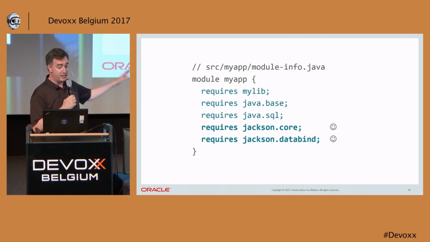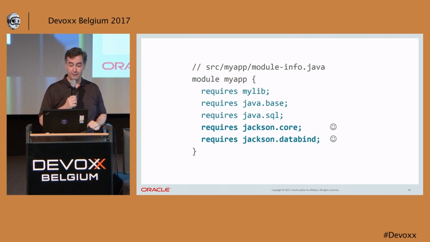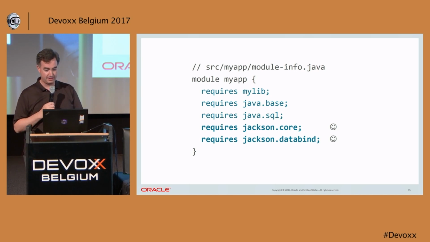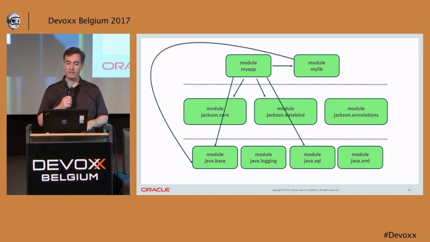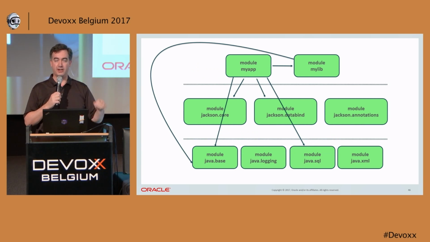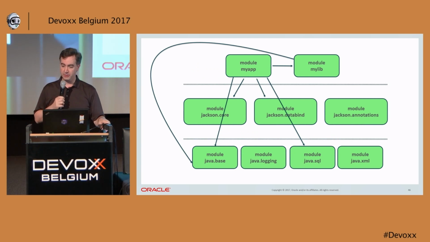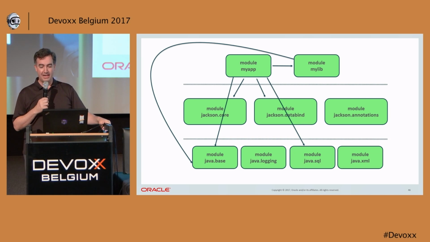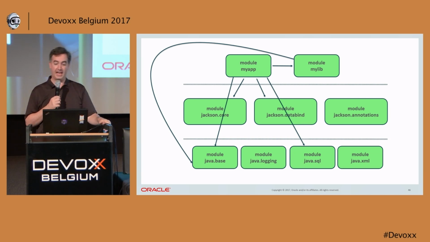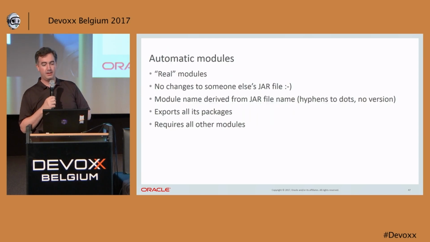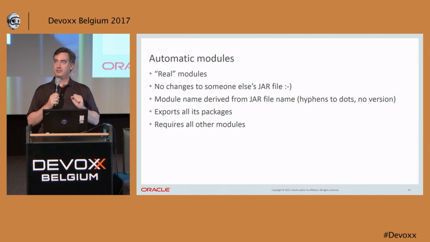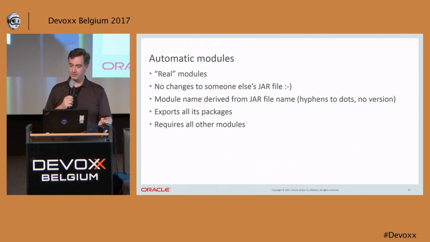And if we could do that, we could finish writing the module declaration for myapp. Happy faces. We'd have a lovely module graph that a quality IDE will visualize for you, with myapp depending on mylib and Jackson Core and Jackson Databind, and on java.base and java.sql. The good news is we can do this with automatic modules.